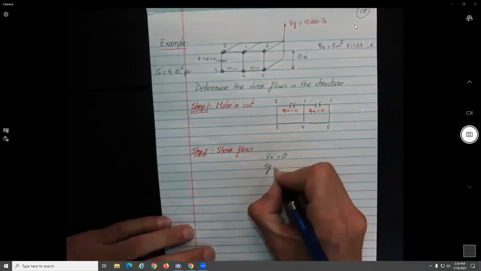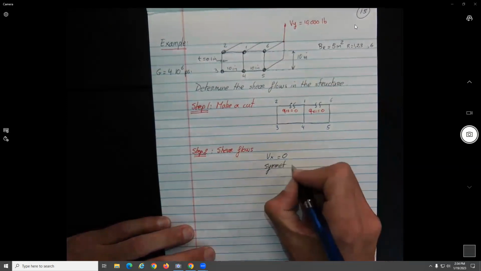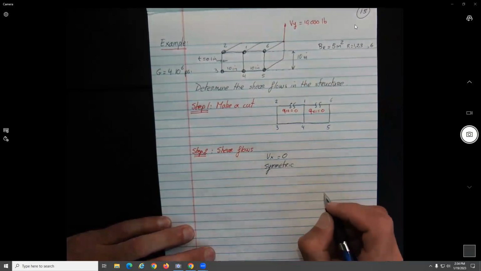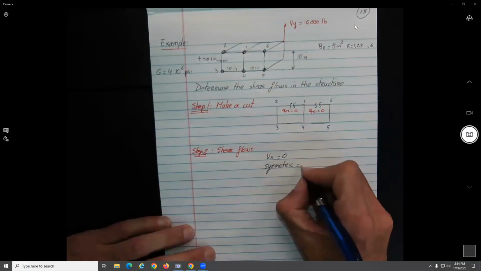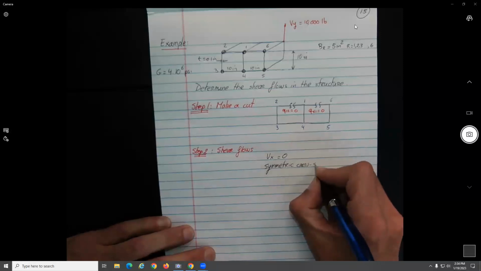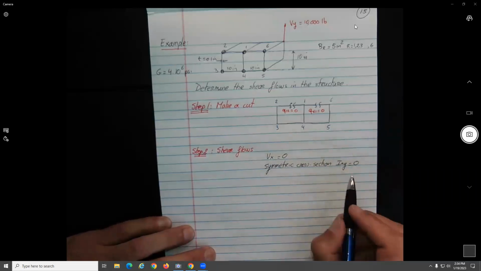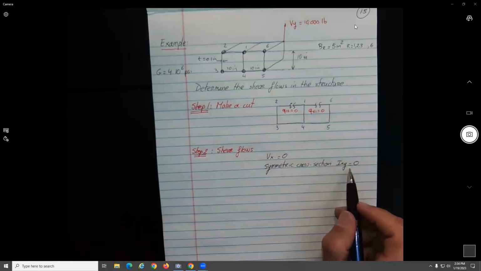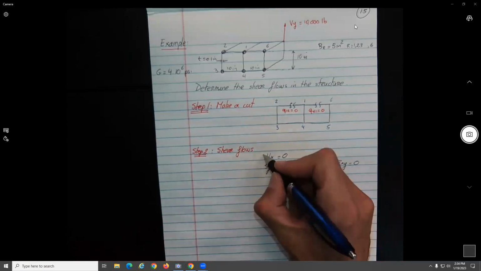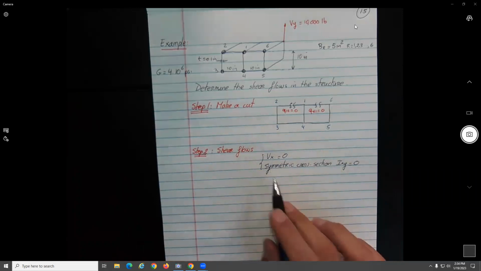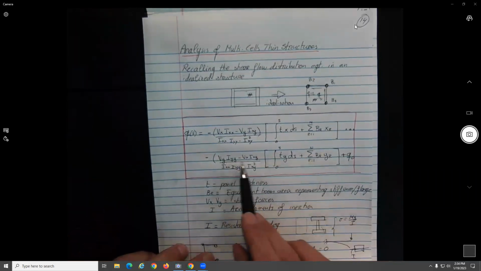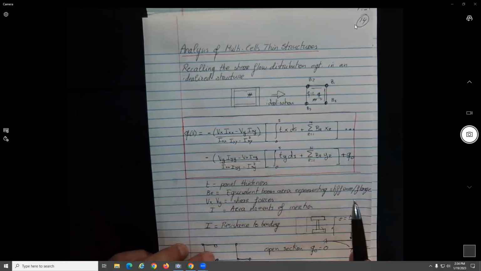Then a symmetric cross section. What is that going to imply? It implies that Ixy is equal to 0. I'm sure you have made that assumption many times before. If we use these two conditions and substitute into this equation, what do we get?